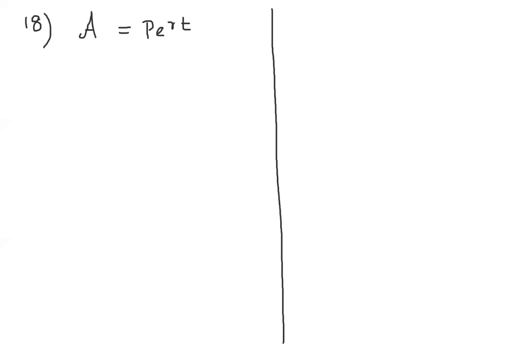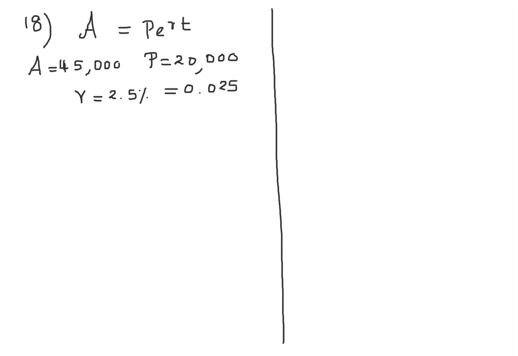So I'm going to write the amount A is given as 45,000 and P is 20,000 and r is 2.5%. Convert to decimal. And we are going to find how many years, how long it's going to take.